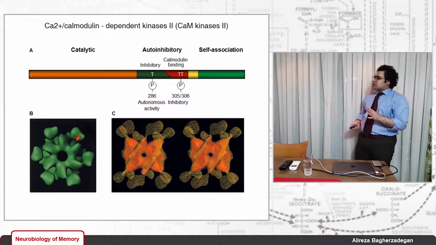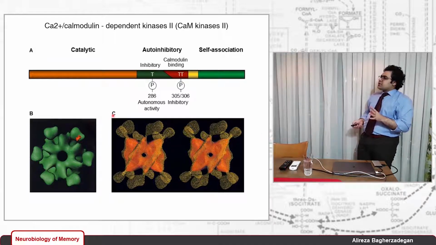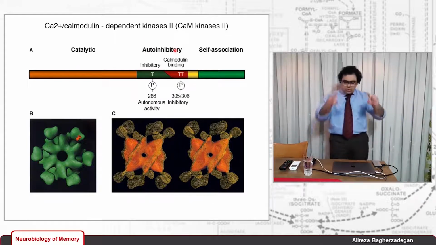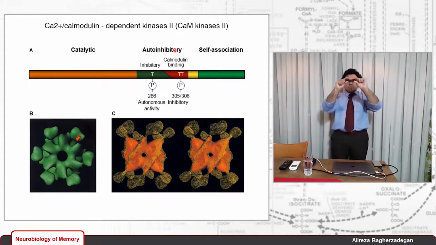But this is not the real structure. This is the picture in Figure C, the stereo rendering of the same structure, but it actually shows 2 of these rings. In a ring, we have 6 kinase enzymes gathered together by hub domains, but in the real CaM-kinase II, we have 2 of these rings stacked together.